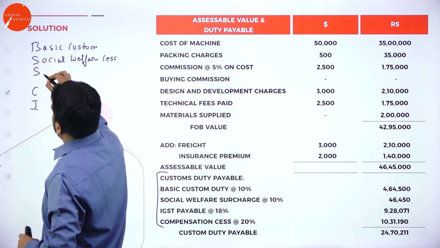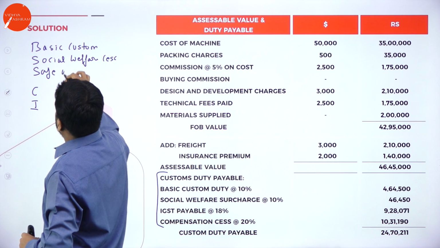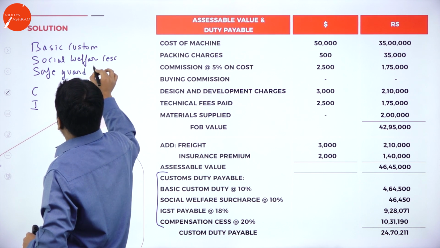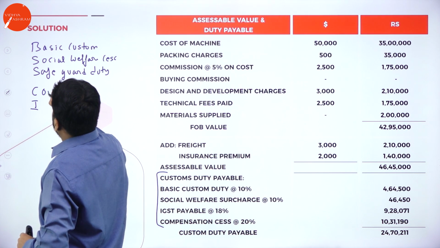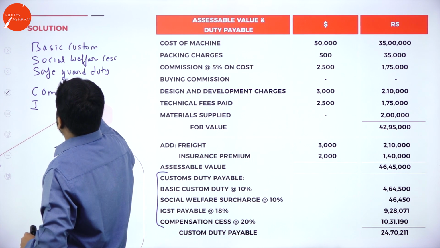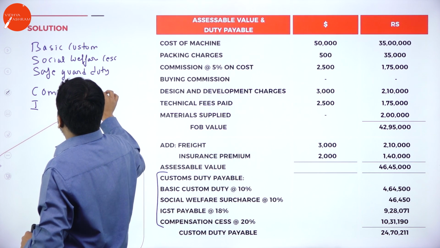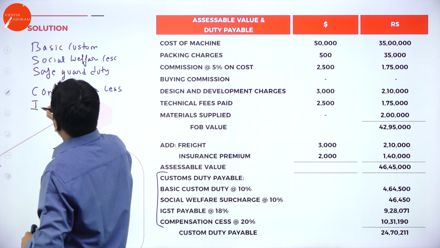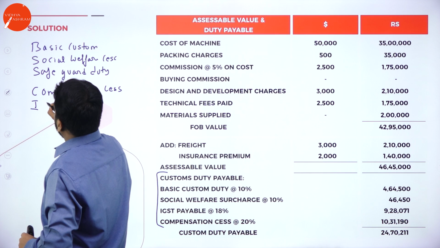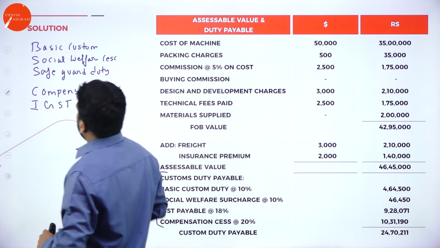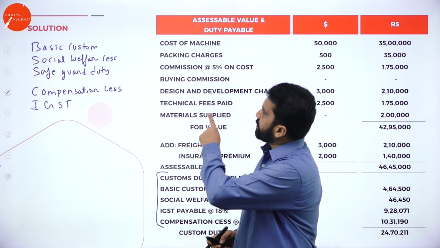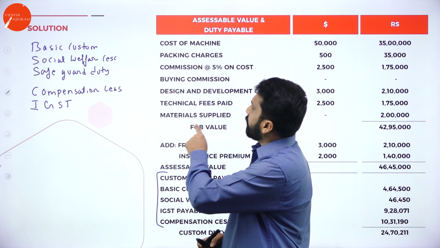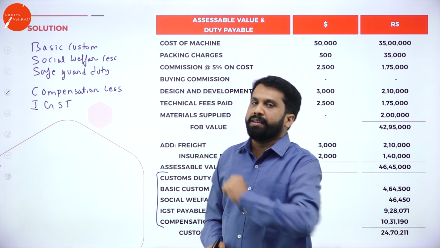Another S for safeguard duty, and C for compensation cess, and the last one, I for IGST. In your custom duty, you will get 5 types of taxes: basic custom duty, social welfare, safeguard, compensation, and IGST.